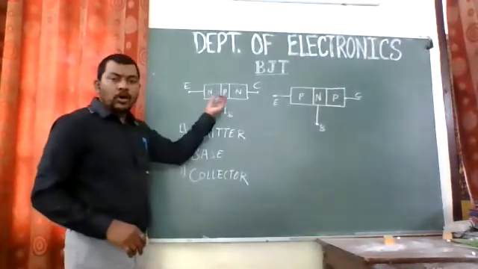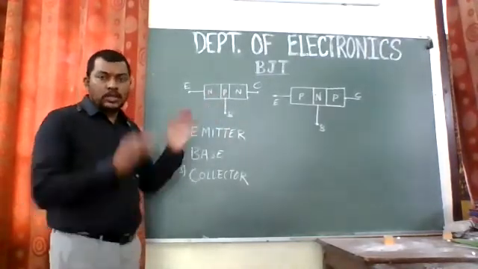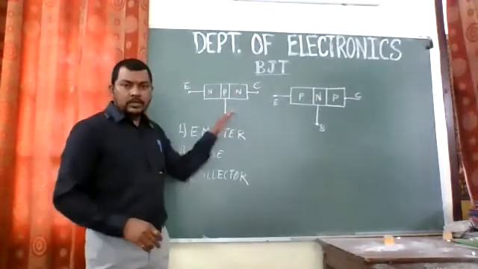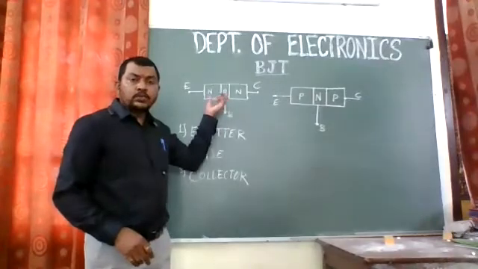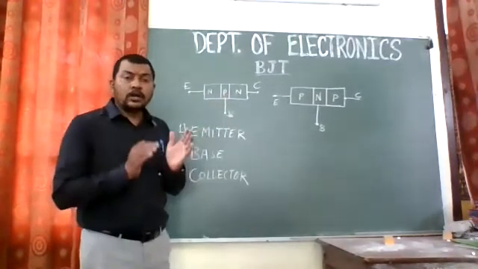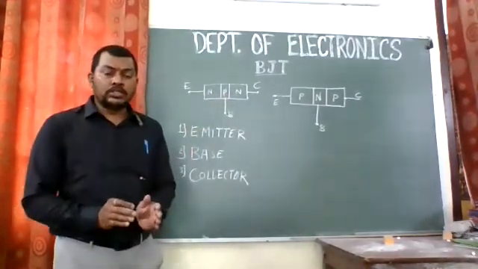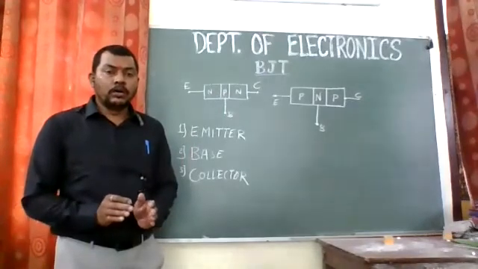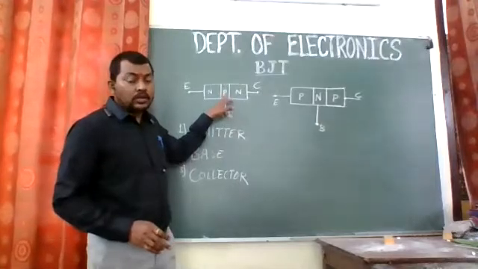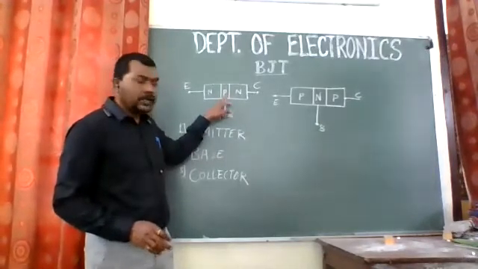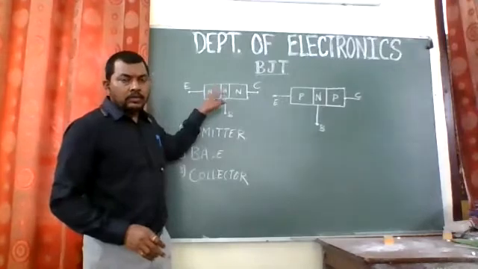The base is the smallest portion of this transistor, where the doping concentration is very, very low. It has very low charges over there. So if it is a p type, there are very small numbers of holes, but it will have some.